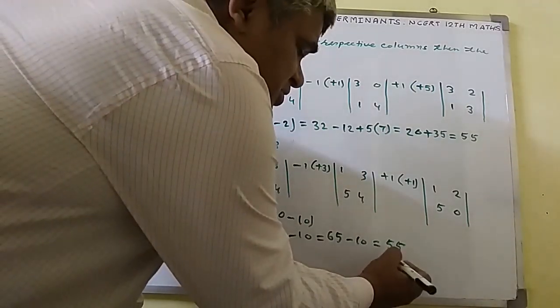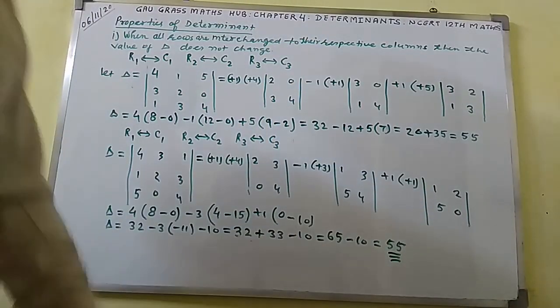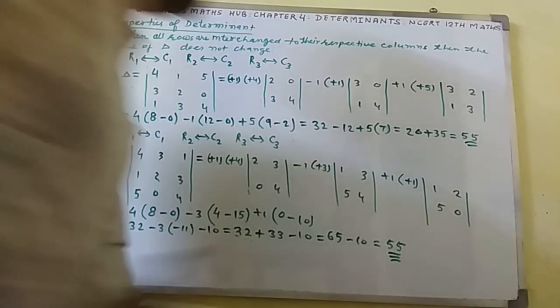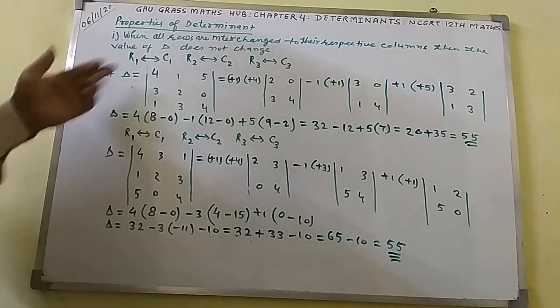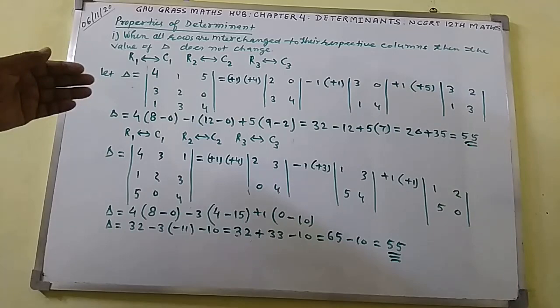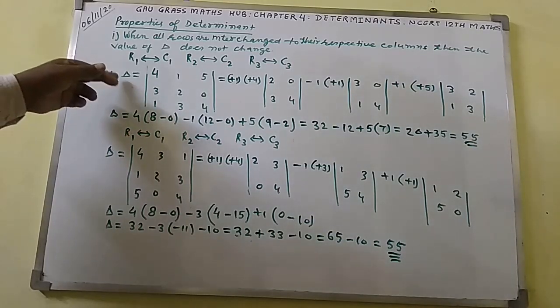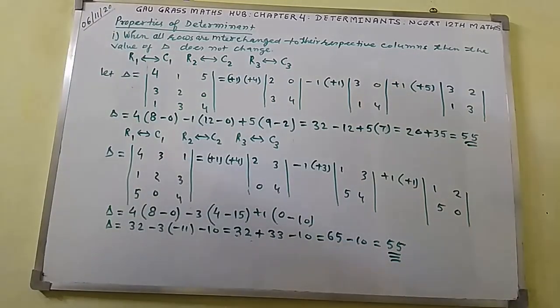So here you can see this one and this one. This determinant I have supposed here, the value of the supposed determinant I have got is 55.